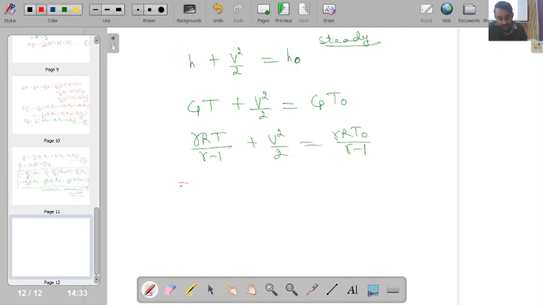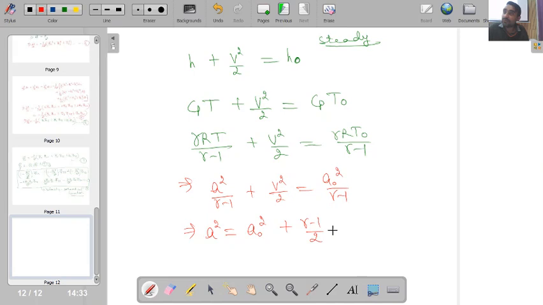So it will become a square by gamma minus 1 plus V square by 2 equal to a naught square by gamma minus 1. From here I can say that a square is equal to a naught square minus gamma minus 1 by 2 into V square.